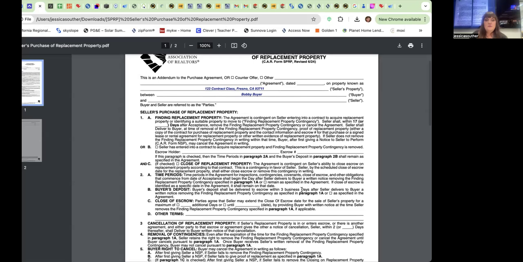All right. Let me reread that sentence. By the scheduled close of escrow date for the replacement property shall either close escrow, they can't if they haven't sold this one yet, or remove this contingency. So when that escrow date comes up, they need to remove that contingency. Because again, it said the ability to close escrow, not actually closing escrow.